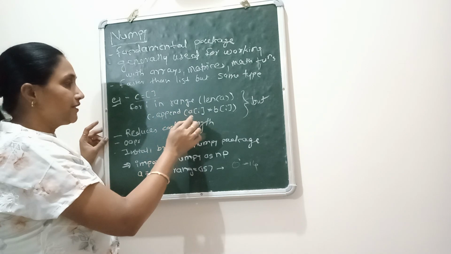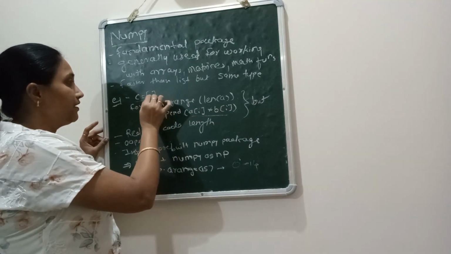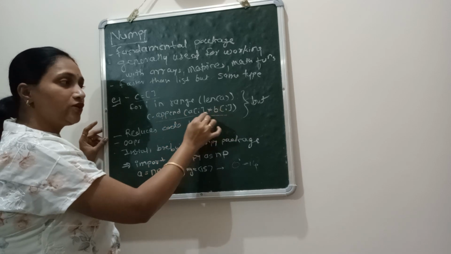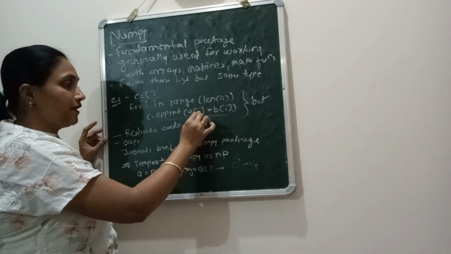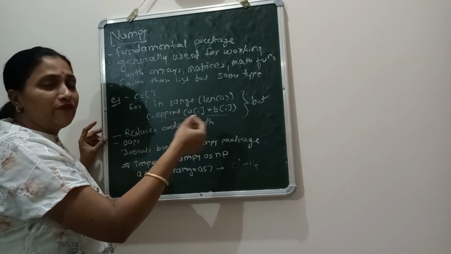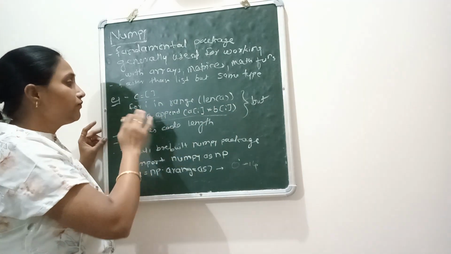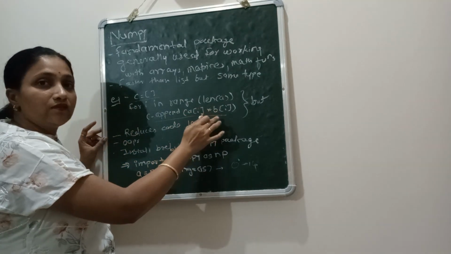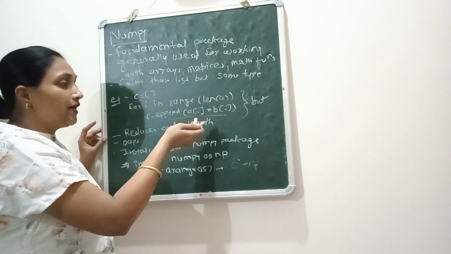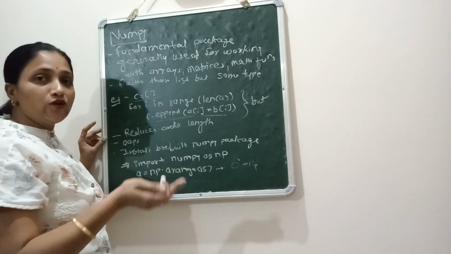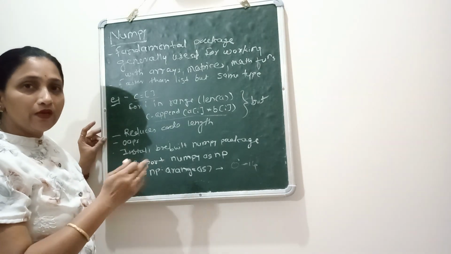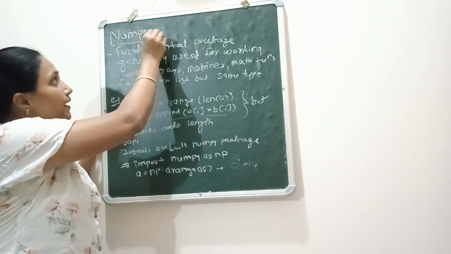I have taken 3 lists, and in list C, I am appending the multiplication of members of the 2 lists A and B. Suppose this has 1, 10, 20, 100. But what if these lists have thousands of rows, thousands of elements? Then we'll spend plenty of time on only a simple calculation. That can be reduced with the help of NumPy.